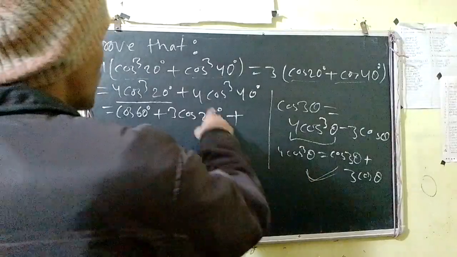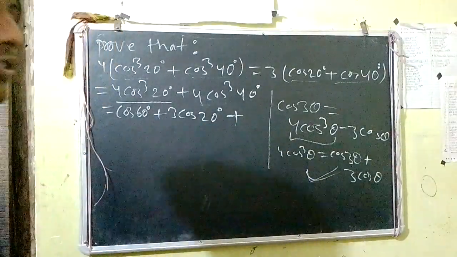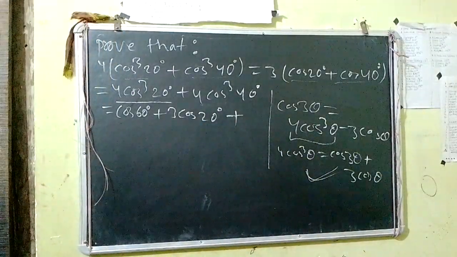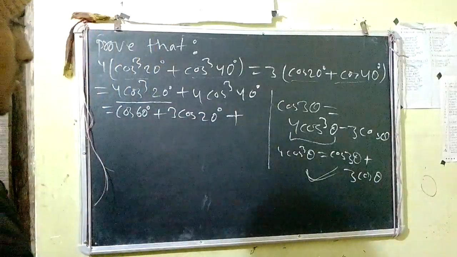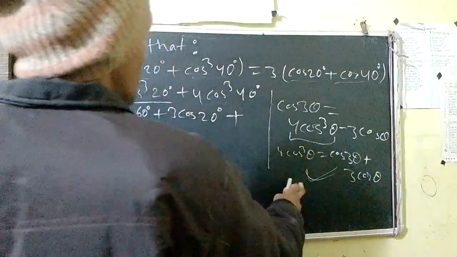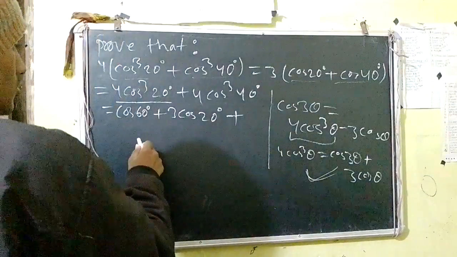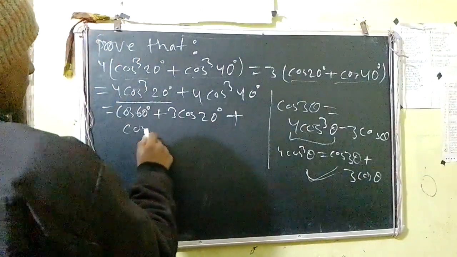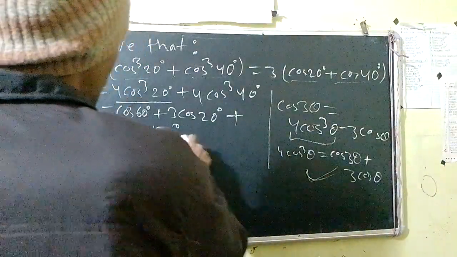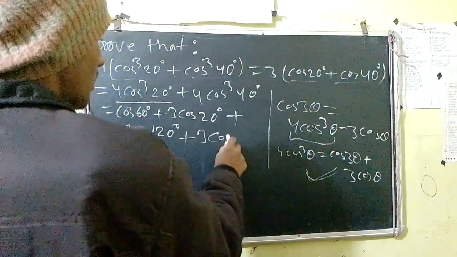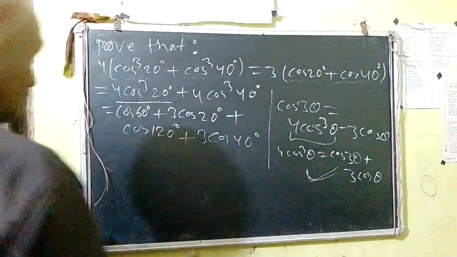So plus, now we're going to do the same thing, 4 cosine cubed 40 degrees. I'm going to replace it with the same formula here. So you're going to have cosine 120 degrees, because 40 times 3, and plus 3 cosine 40 degrees.